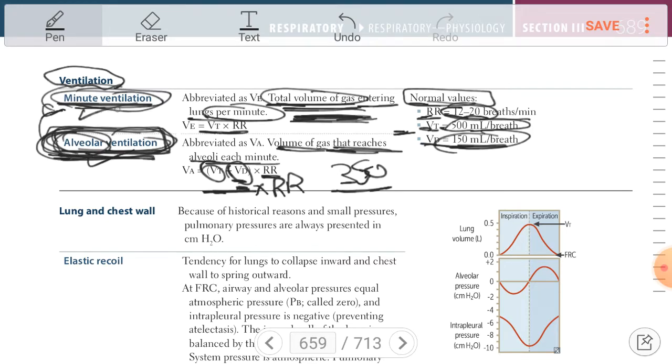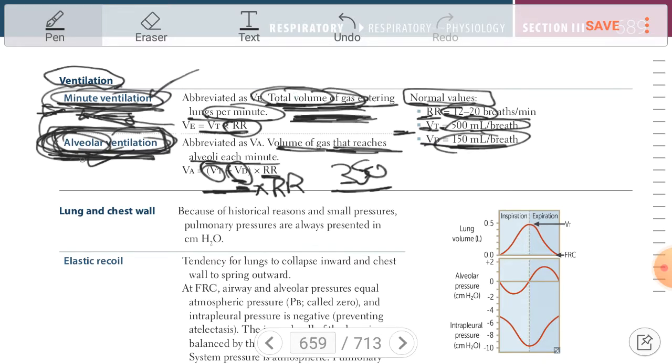But if you calculate the minute ventilation, you will calculate 500 multiplied by the respiratory rate. This will give you the minute ventilation. So the difference: minute ventilation is the total volume of gas entering the lung.